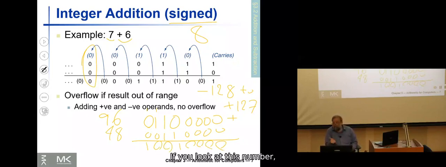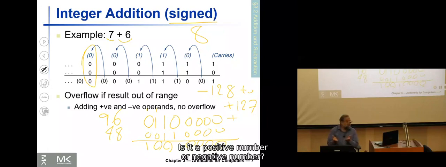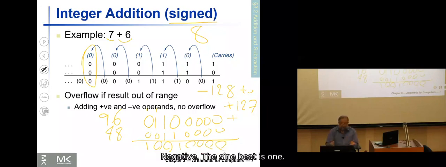So if you look at this number, the result, is it a positive number or negative number? How could you say it is negative or positive? Look at the sign bit. Positive or negative? Negative. The sign bit is 1. So it is a negative number.